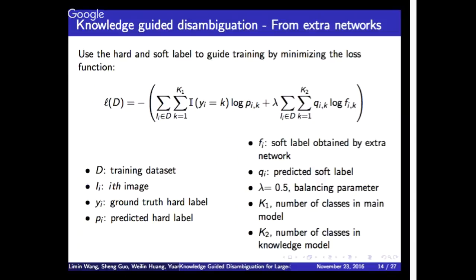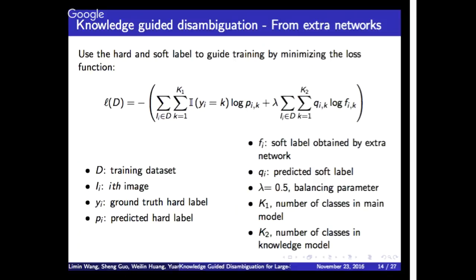To do this, they train using the following loss function. As you see, they use the hard label, which is the normal label you would use to classify, and the soft label obtained from the extra network.